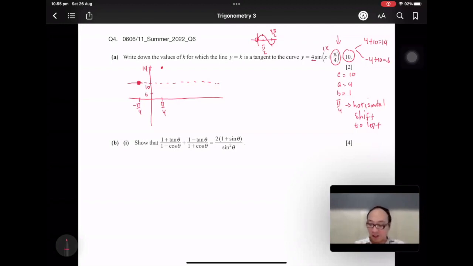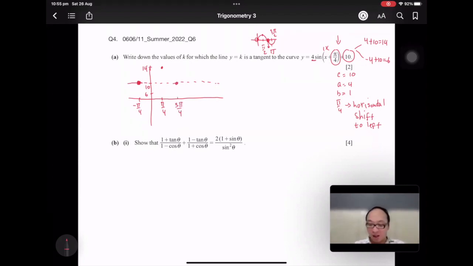And then it's 0 again at pi. Shifted by pi over 4 to the left, it will become 3 over 4 pi. So it will be here at 3 over 4 pi.